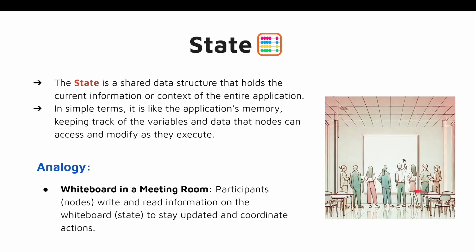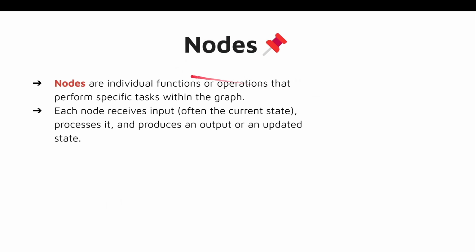So let's move on to the node, another fundamental element in LangGraph. These are just individual functions or operations that perform specific tasks within the graph. Each of these nodes receives an input, which is often just the current state of your application. It processes it and then produces an output or an updated state.